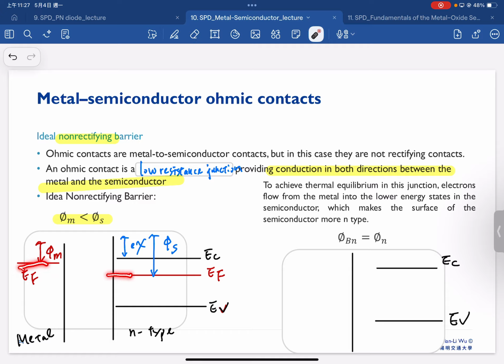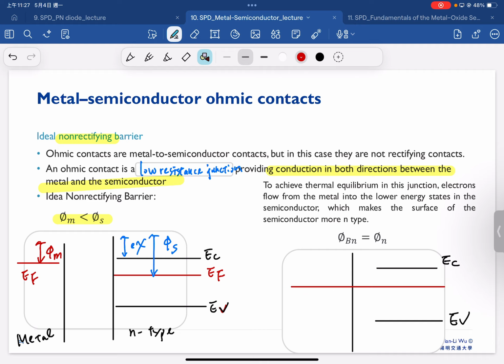If this is going to align with this one, this must be bending a little bit toward the downside, and therefore we can see the band become like this one. So this is our phi m, and this is phi s.